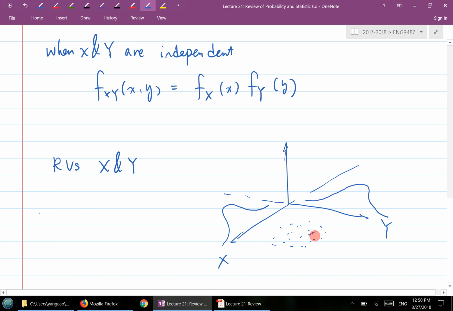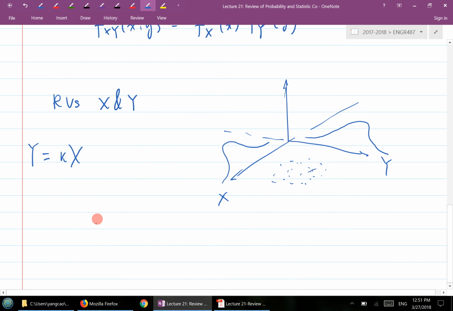So for example, let's say you happen to have a linear relationship. That's possible, right? Your y happens to be a constant k times x. Then for this particular case, in a planar view, let's say k is greater than 0, what do you see?